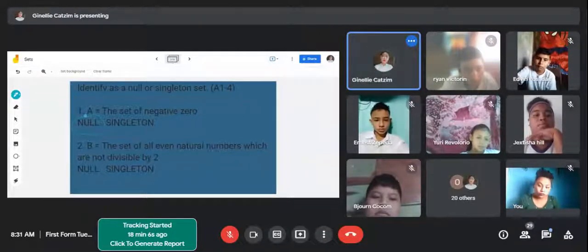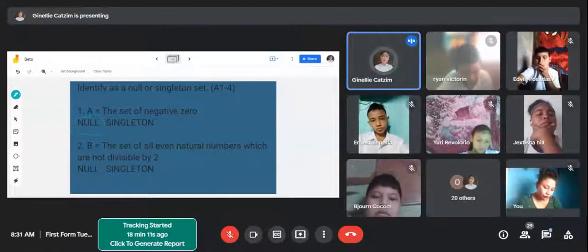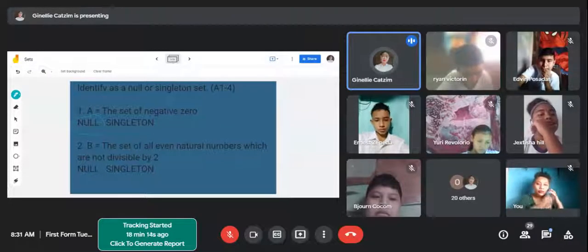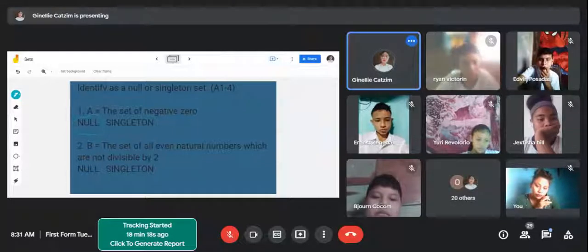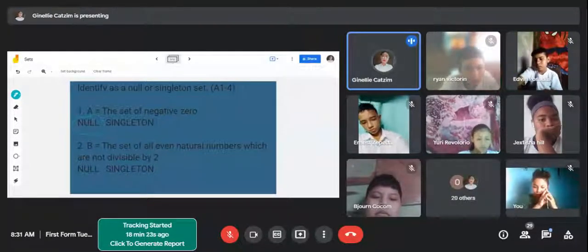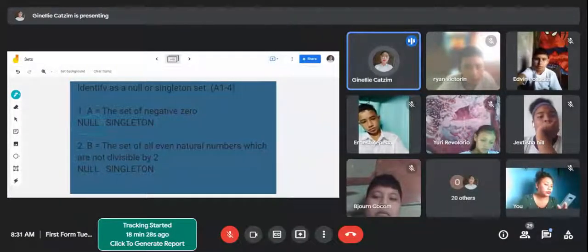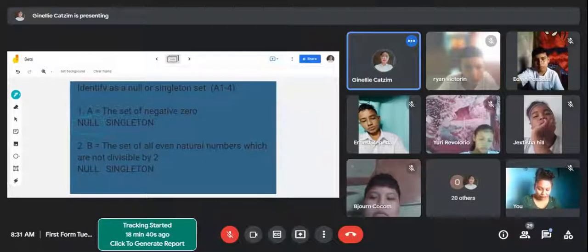Very good. And number 2, B is the set of all even natural numbers which are not divisible by 2. Is this a null or singleton set? Challenging, right?